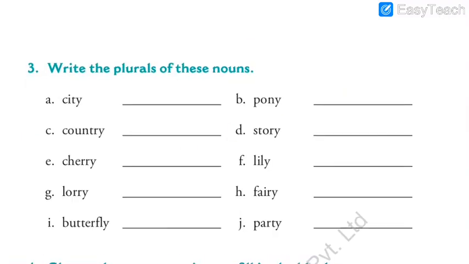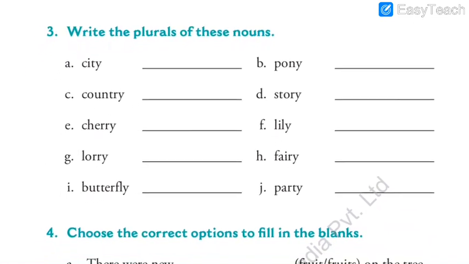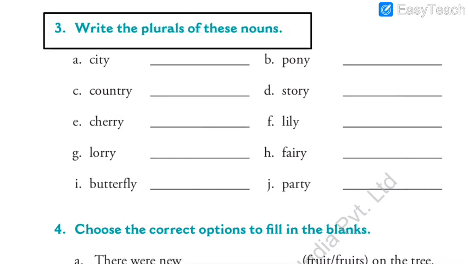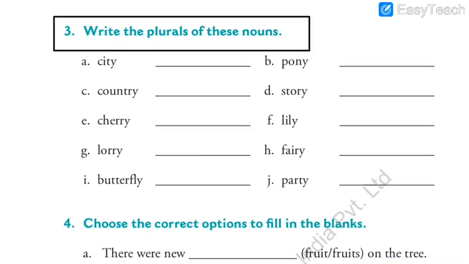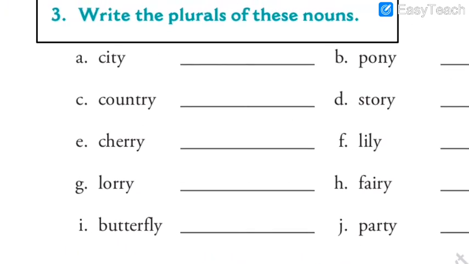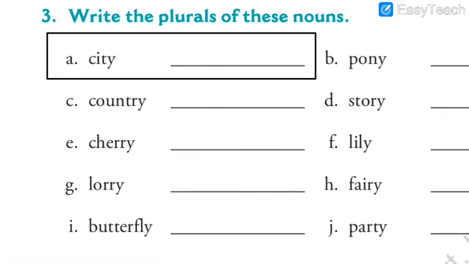So let us see exercise number 3, which is based on this rule only. Yes, so I hope that one by one, if I am doing like this, it is very much easy for you to understand, which was otherwise very much confusing for you, correct? So let me zoom in the question in the center for you all. So here the first blank is city. Now it ends with Y, so we need to replace Y with IES. To replace means to remove Y and to write IES instead.